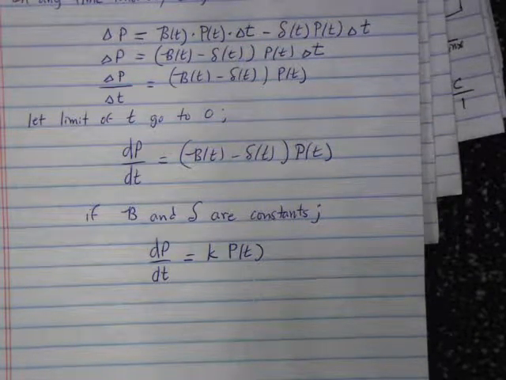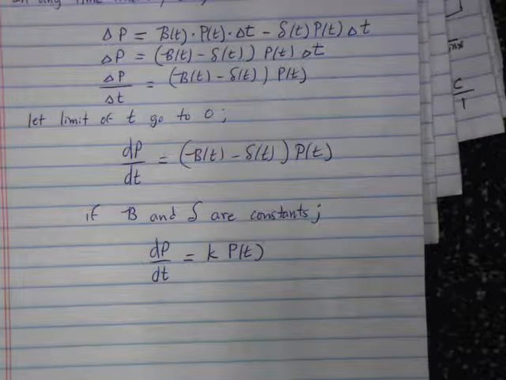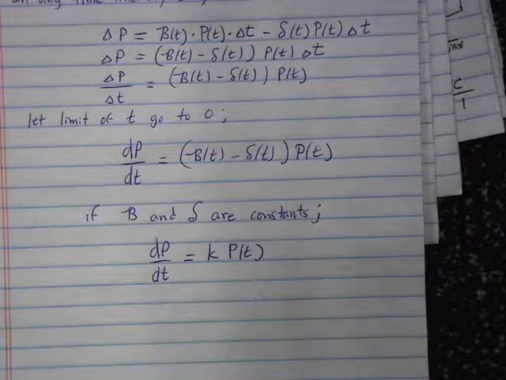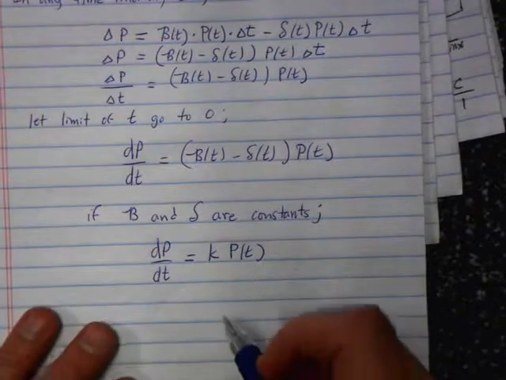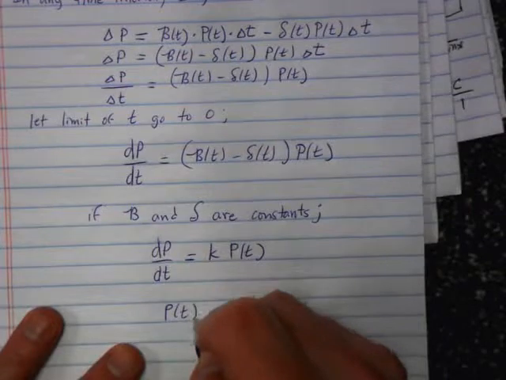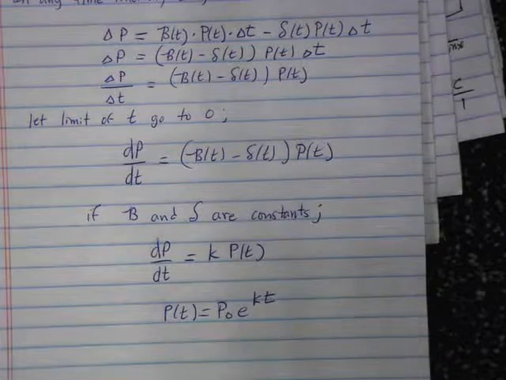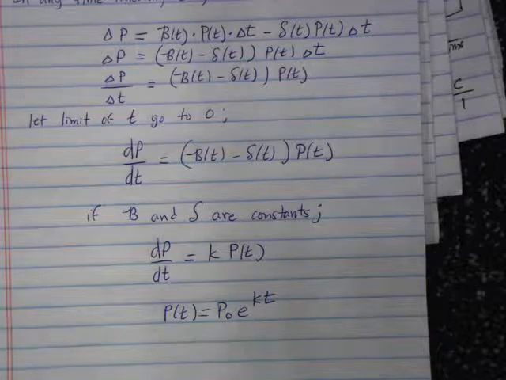What kind of equation is that? Linear, homogeneous. Separable? Why is it separable? I can divide by the p and multiply by the dt, and I have all the p's on one side, all the t's on the other. It's separable. And you solve that separable equation. You get the population formula that you dealt with back in pre-calculus. You get P of t equals P0, which is the starting population, e to the kt.